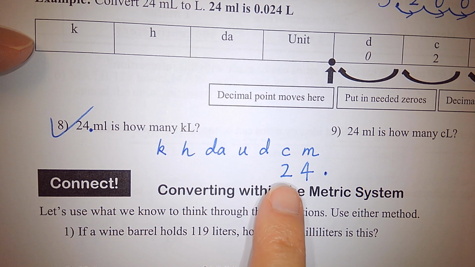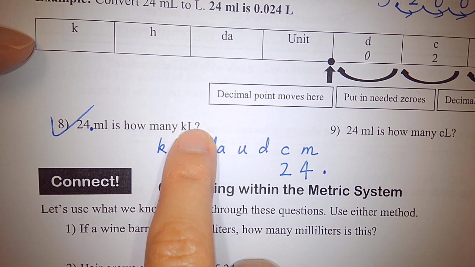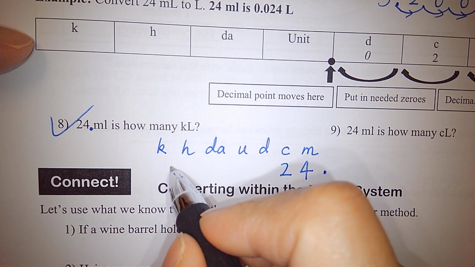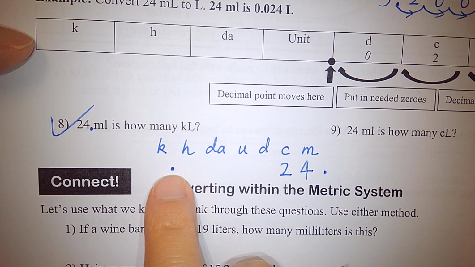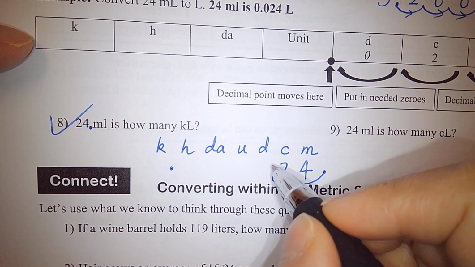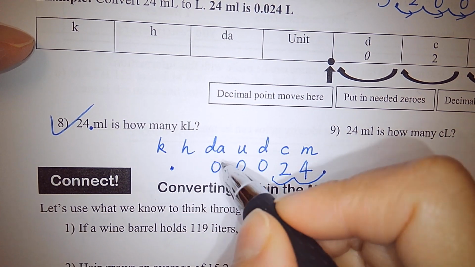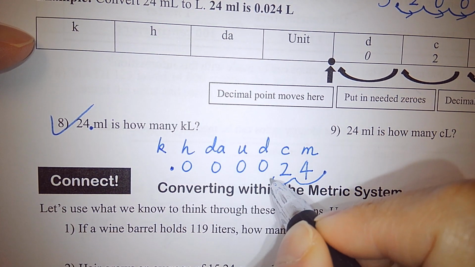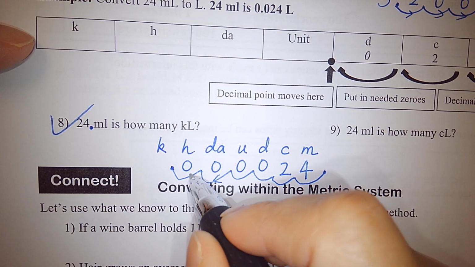Now we are going to convert, moving the decimal point to where? To the right of what? K. Okay. Then we're going to move the decimal point. 0 under D, U, D, A, and H. Okay.